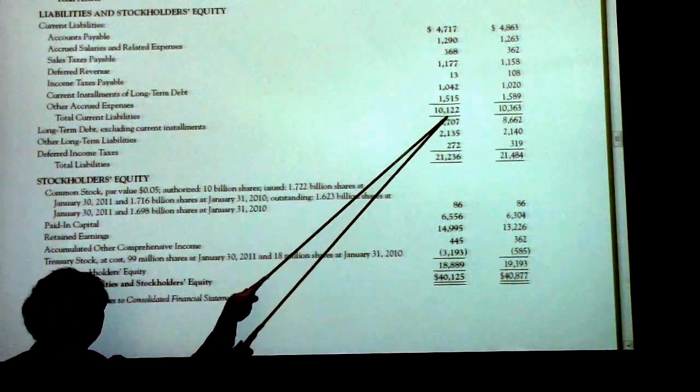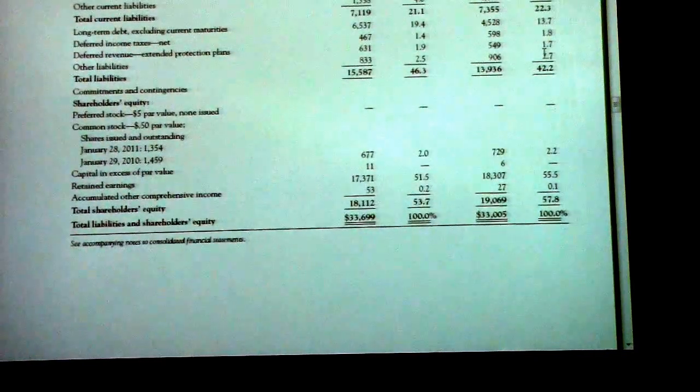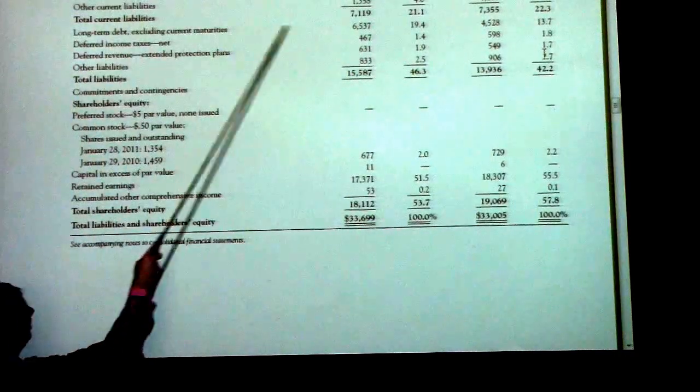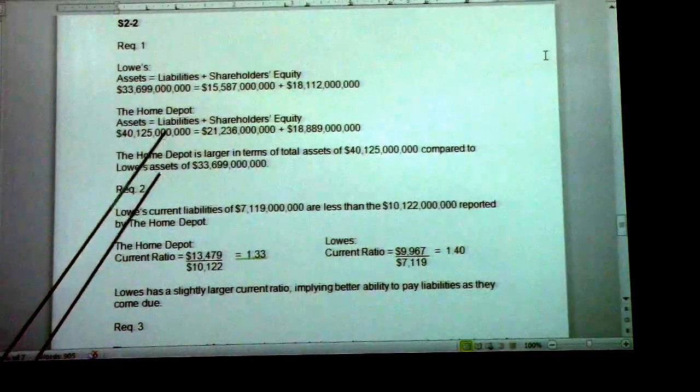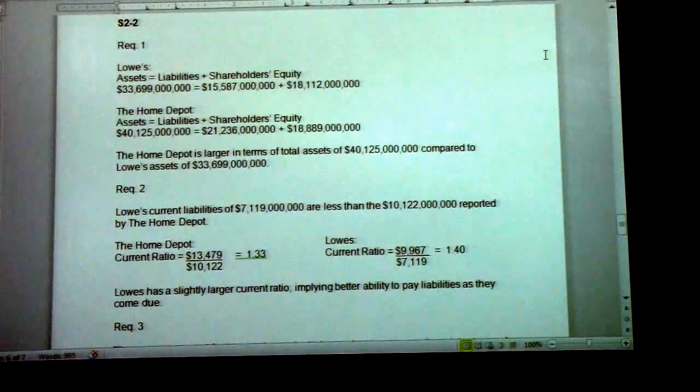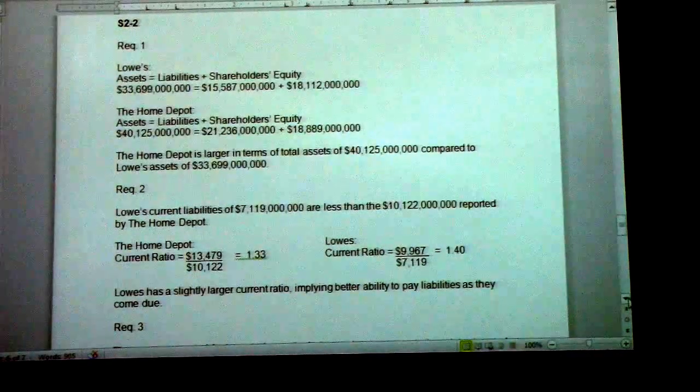We get the subtotal over here. So going over here, we've got the 10 billion, and let's look at Lowe's. Lowe's for total current liabilities, we have listed over here 7. So going back to our solution over here, let me scroll that down just a little bit here so you can see better.